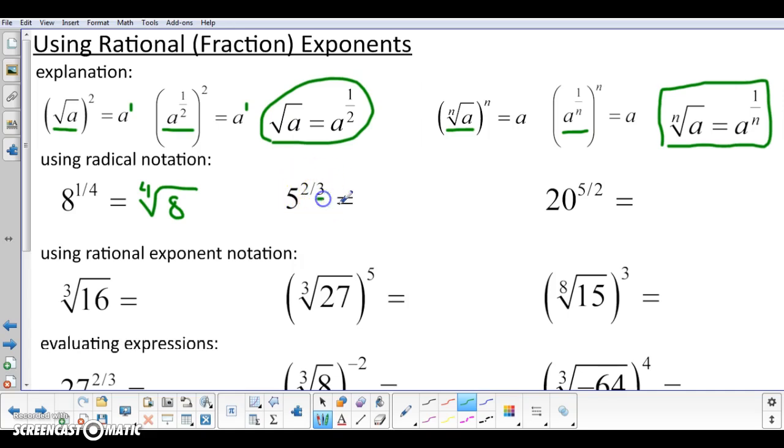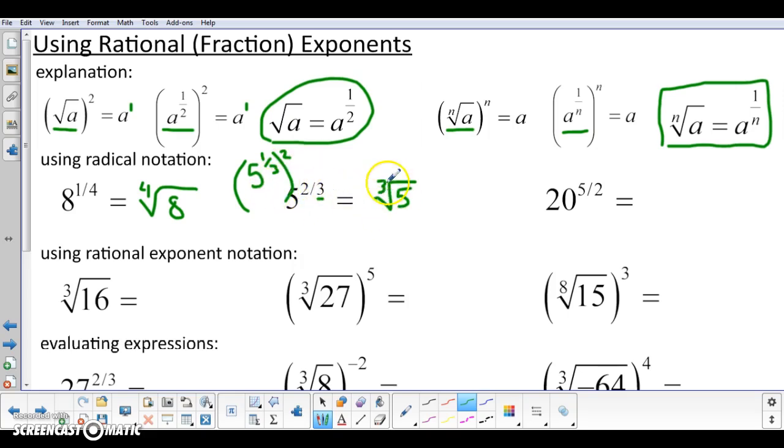Well, the key is that the root is right here. The denominator tells me which root I'm going to take. So I'll start with that. I'll take the cube root of 5. Now because I've got a 2 up here, this would be like having 5 to the 1/3 power, in parentheses, squared. If I had that power raised to another power, I'd multiply those exponents together. 1/3 times 2 is 2/3.